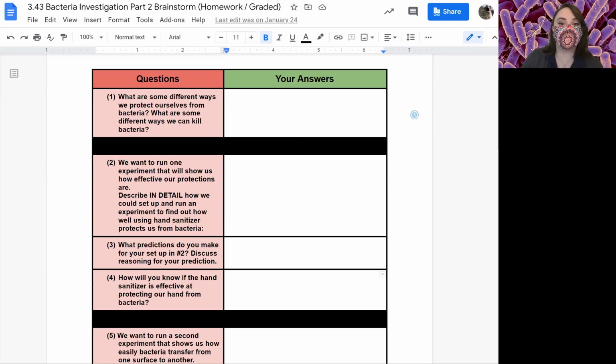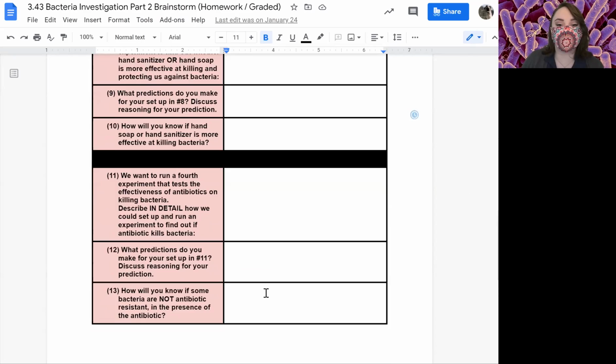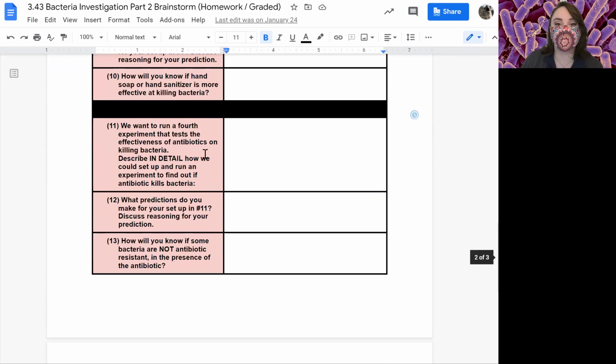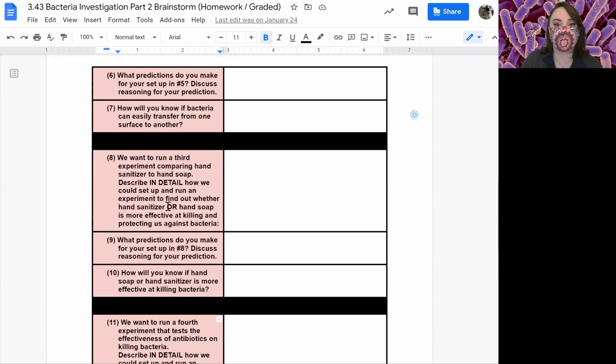So we've gone over the answers of 1 through 4. Your job is to read and answer 5 through 14. These are other experimental setups we're going to do. One is going to be with antibiotics. One is going to be comparing soap to hand sanitizer.